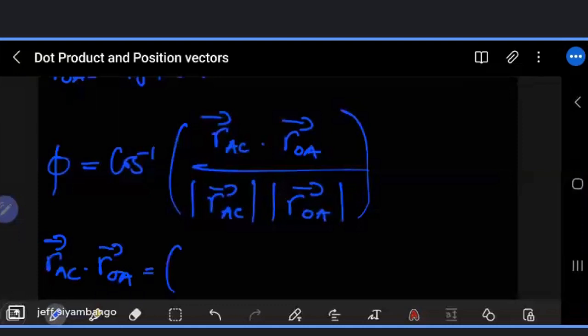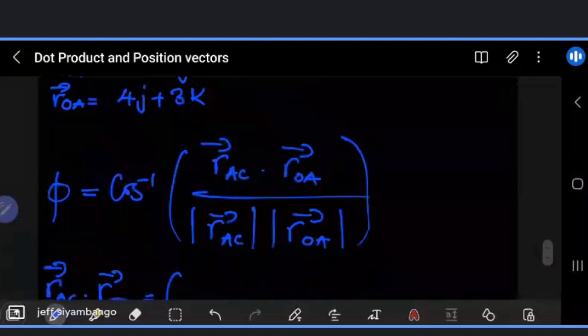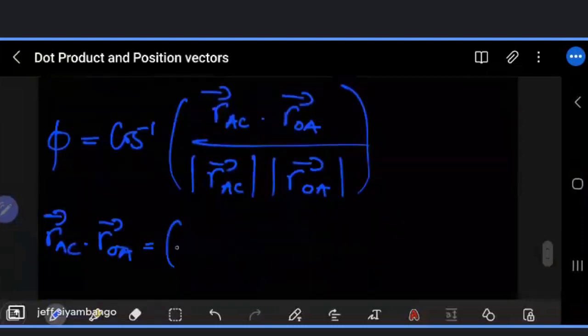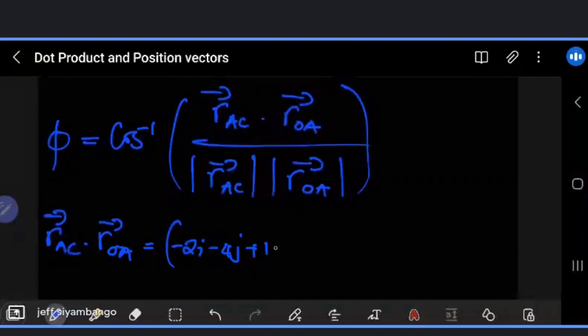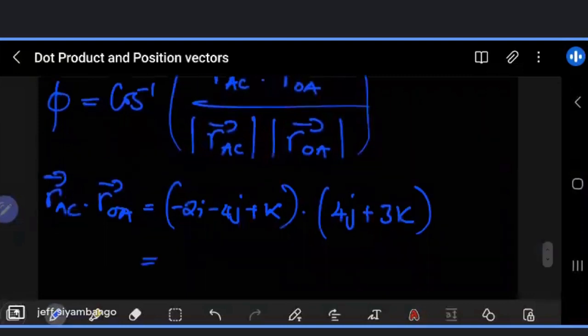So the RAC is (-2, -4, 1), dot (4J plus 3K). You can put 0I if you want, but that's okay if you just remember that I has a 0 there. So the -2 multiplying the 0 for I, we can even leave it out.